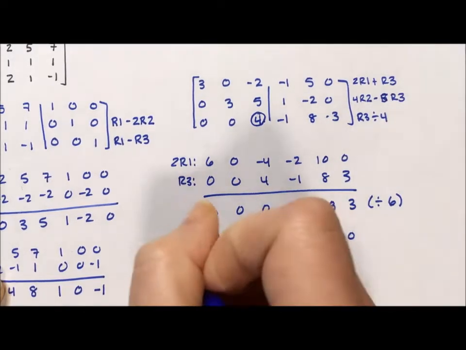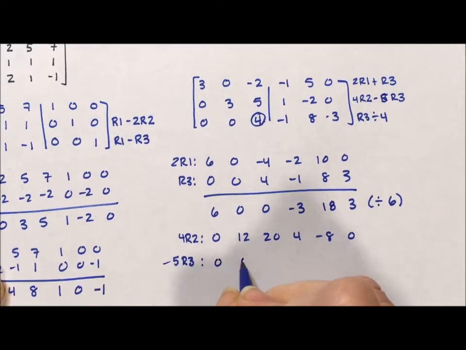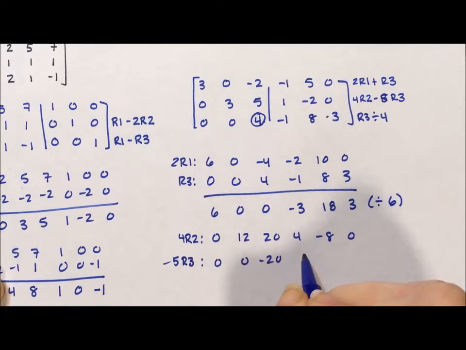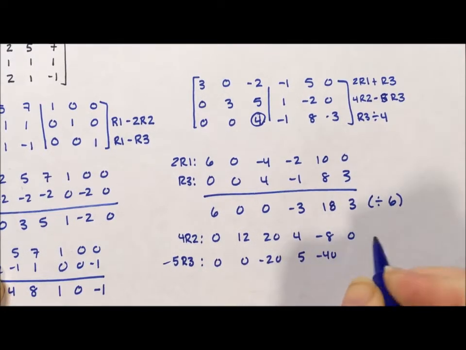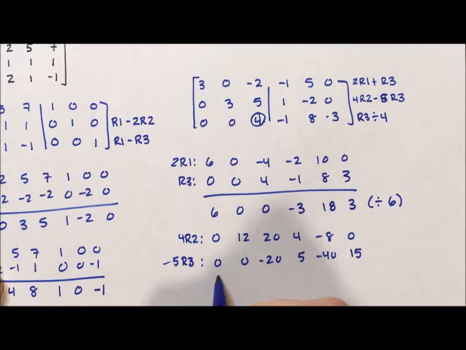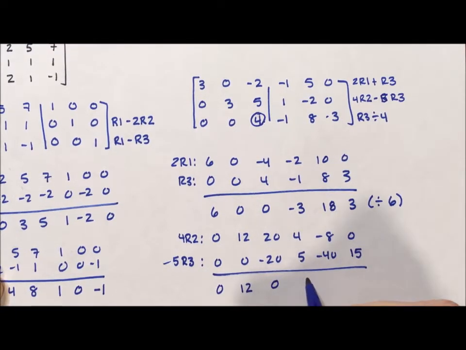Okay, 0, 0, negative 20, 5, negative 40, 15. So I get 0, 12, 0, 9, negative 48, 15. I'm going to divide through by 12.